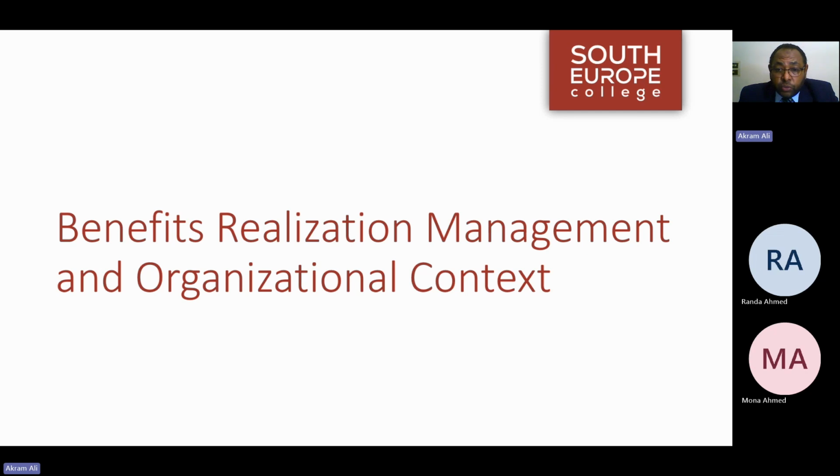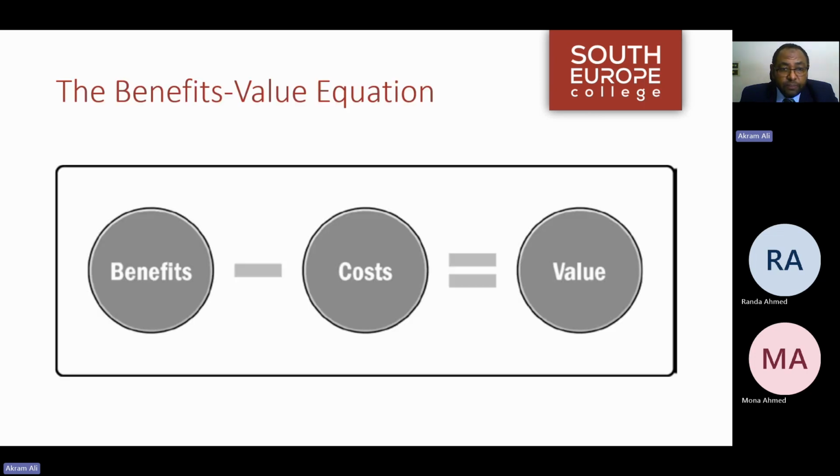Benefits realization management requires alignment with an organization's strategy, a solid understanding of key principles and techniques as described in this presentation.